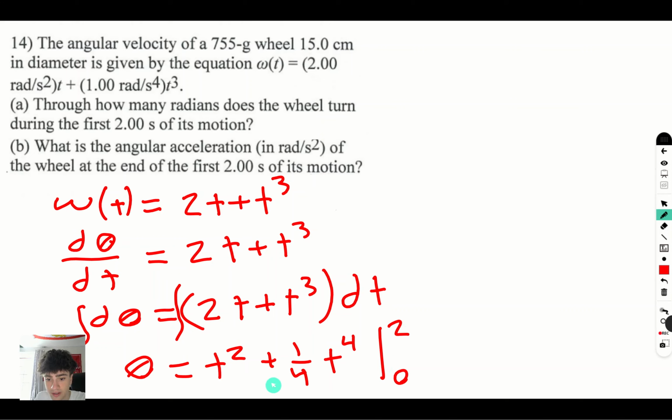We know that when t is equal to 0, the radians is going to be 0, and so we plug in 2 to our equation to get our radians.